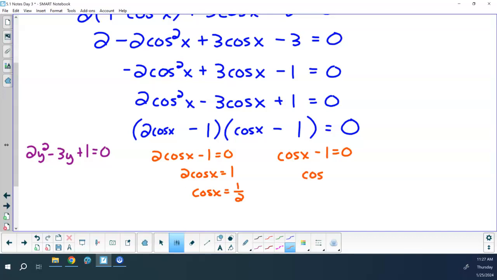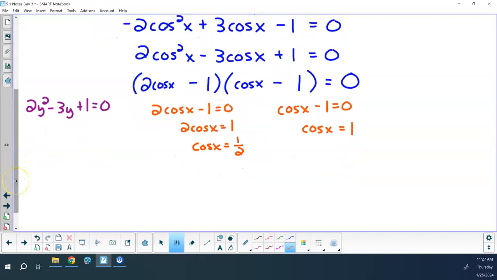We say cosine of x equals 1. Okay? Unit circle. Where is cosine 1/2? Unit circle, where is cosine equal to 1?